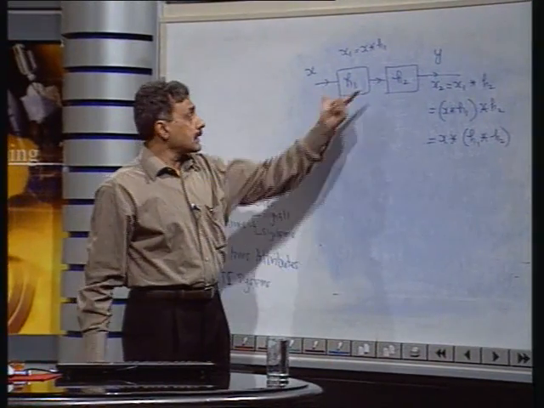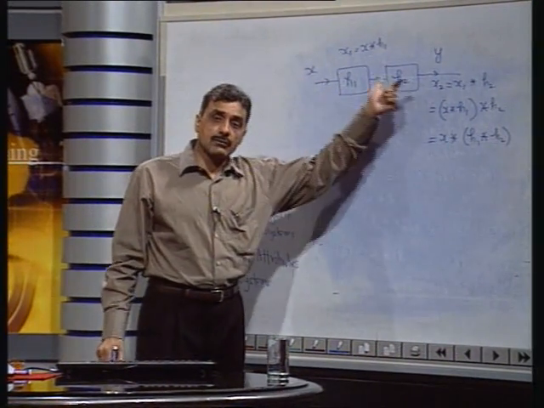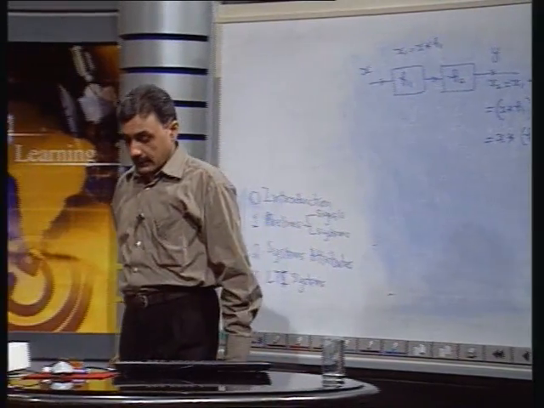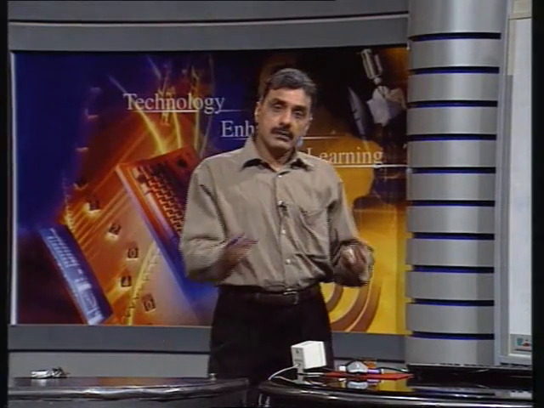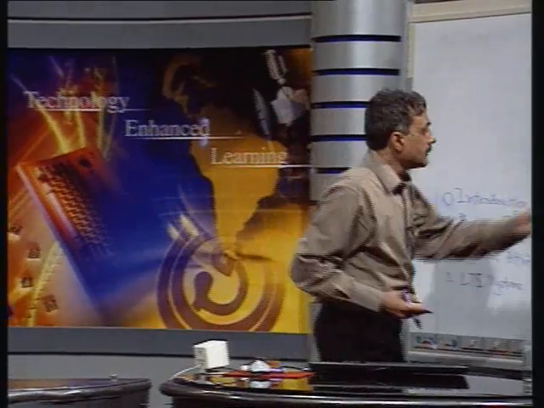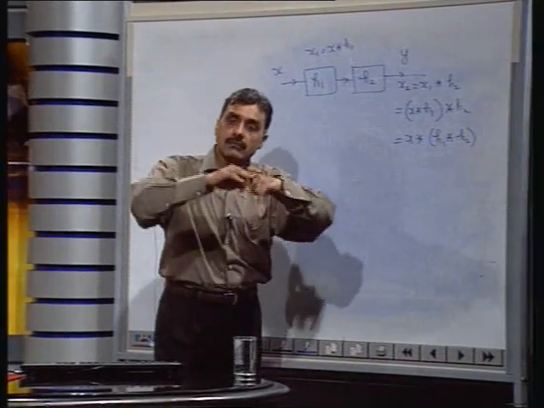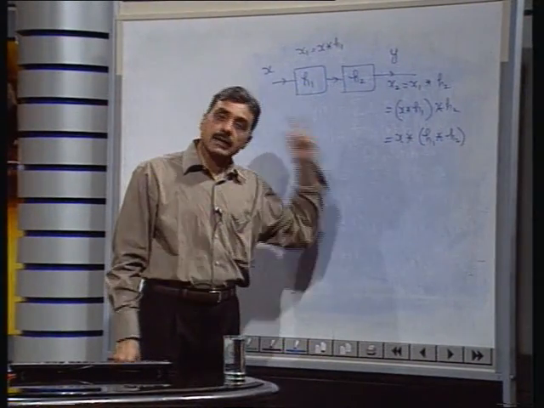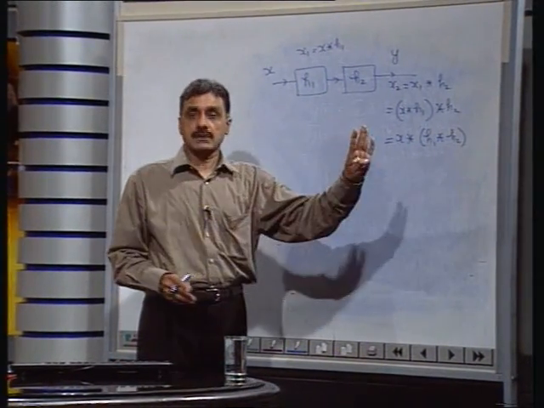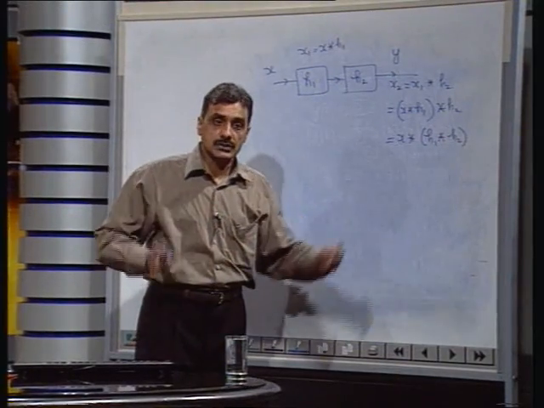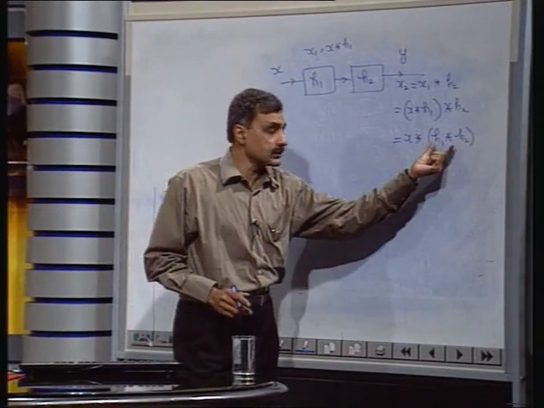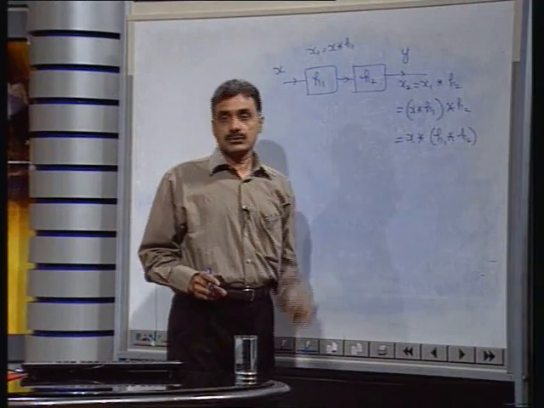Which means if I have a cascade of two LTI systems, one with impulse response h1 and the other with impulse response h2, I can convolve the two impulse responses and produce just one system that does the job of two, whose impulse response is h1 convolved h2.